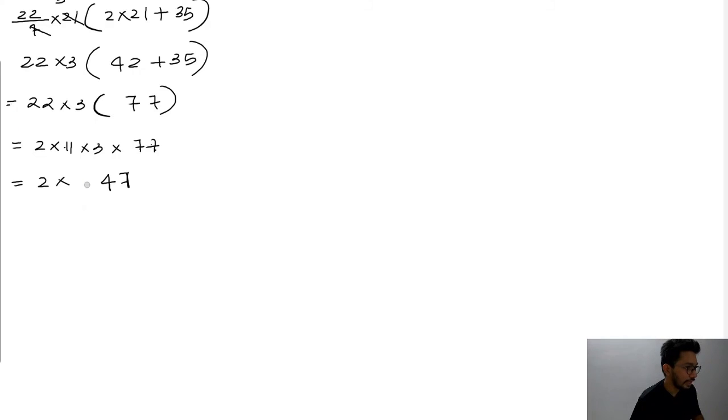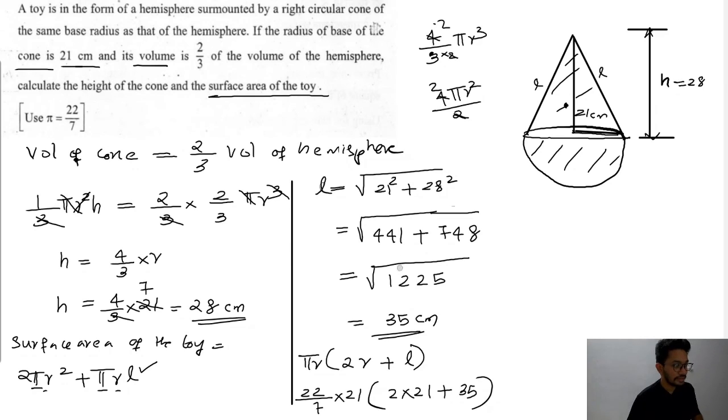So we will get 847 multiplied by 3 into 2, which is 6. So it's easy, right? Now it's 6 into 847, which is 5082.